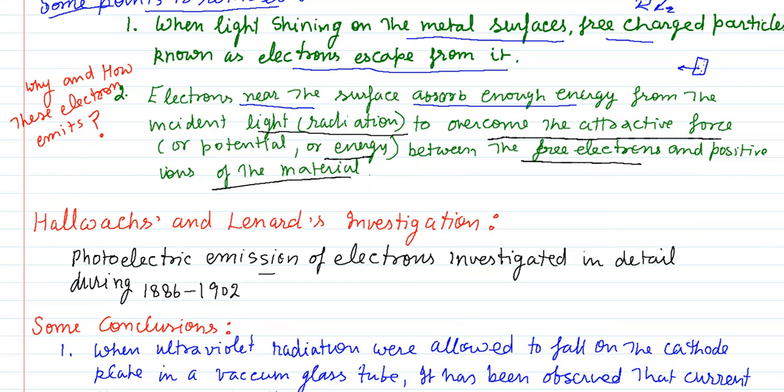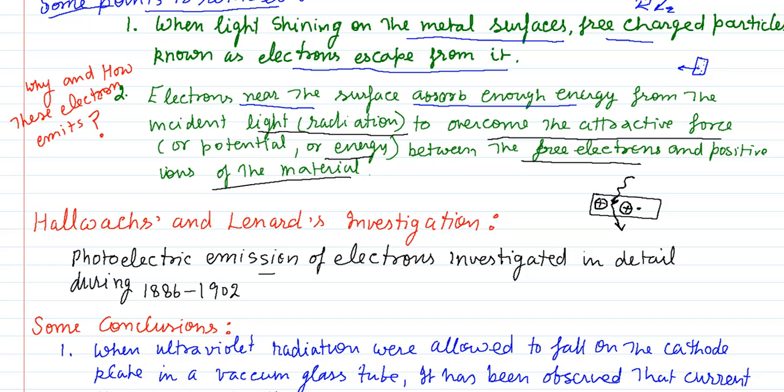In the earlier section I showed that inside the material there are positive ions and free electrons. These electrons cannot escape the surface because of the attractive force between the ion and the electron. So when the electron absorbs enough energy to overcome this attractive potential, it can come out from the surface, and this is the emission of the electron.